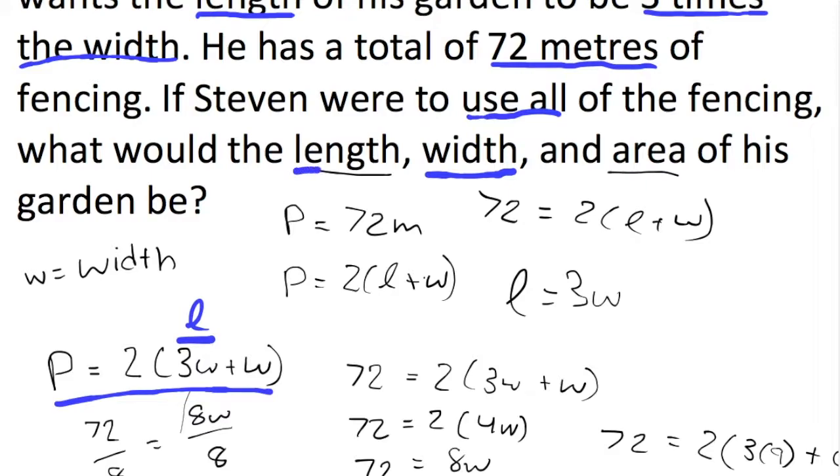And then based off the width, we found the length, as we knew the length was 3 times the width. And with both the length and width, we found the area. So complex word problems aren't really that hard. You just have to find something that was unknown first, which in this case was the width, and then use that to find something else, and use that to finally solve the problem.